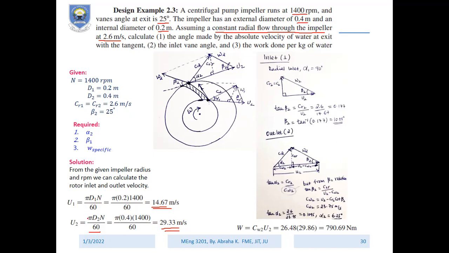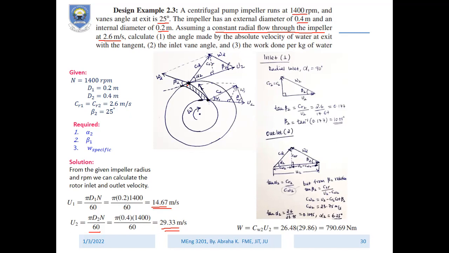Now, having said this, we can go directly to the velocity triangles at the inlet and outlet. Considering the blade as a backward curved blade, because the exit angle is 25 degrees, and those less than 90 degrees at exit or outlet are backward curved.